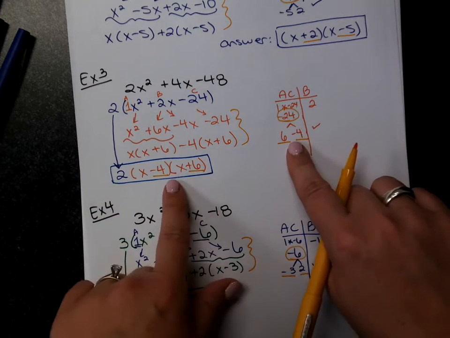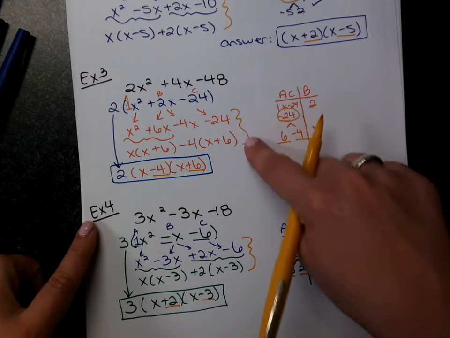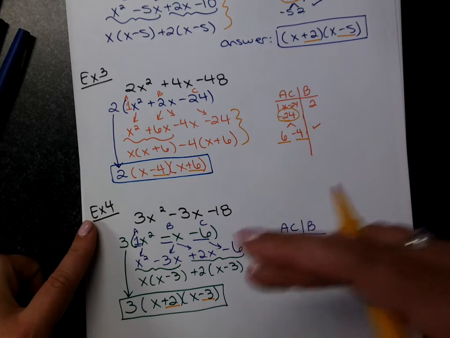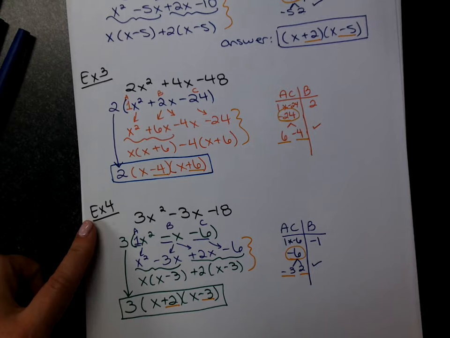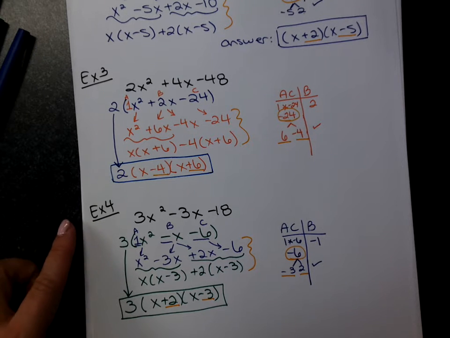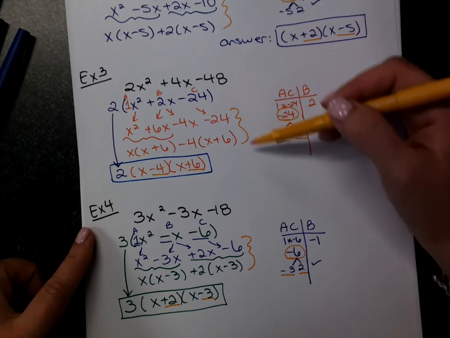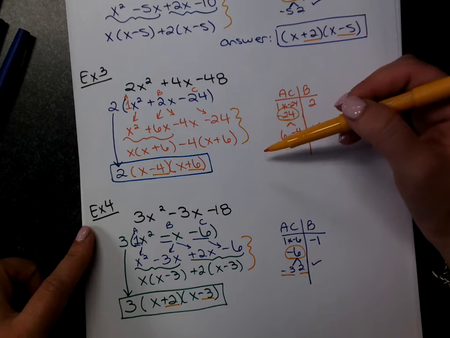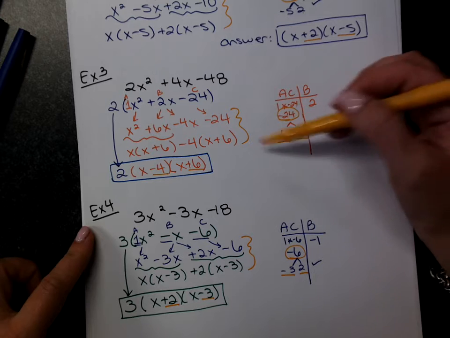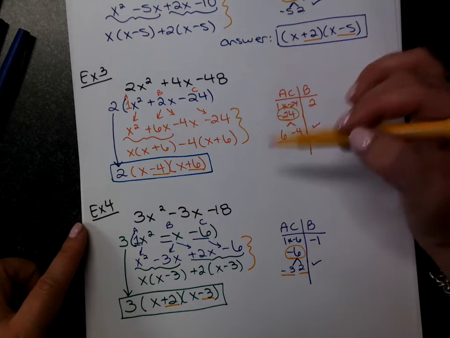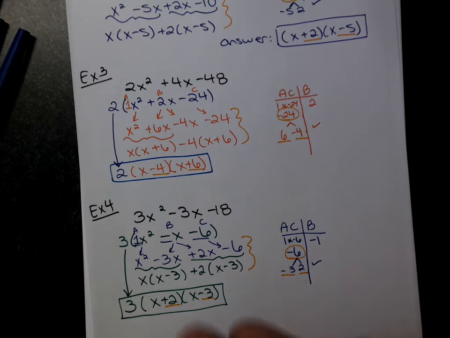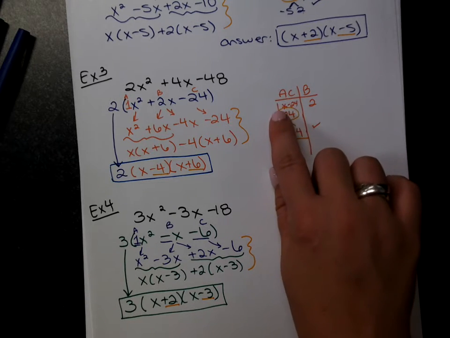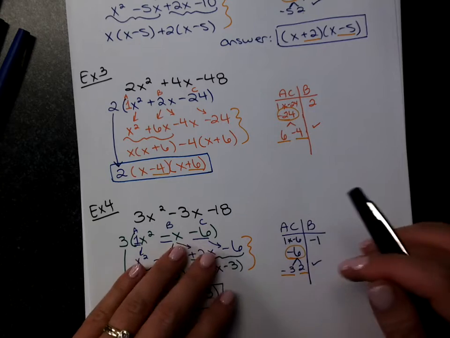Then you can go from here to here. But I don't want you to make habits of skipping steps, because if later on you can't skip them, you'll forget. So I'm very much about consistency. This is the full process. It works every time, no matter how complicated the problems are. So I do not encourage you to start learning to skip steps and then forget to go back and do the full process. So let's look at a few where the A is not 1, where it actually is a little bit more involved.